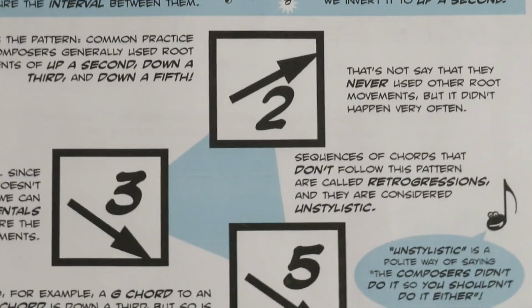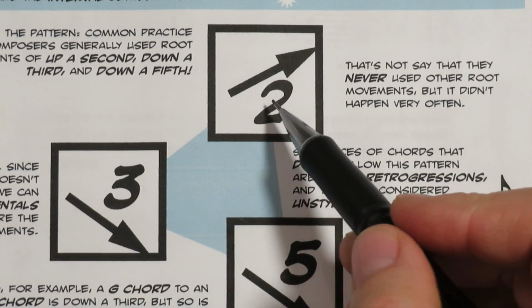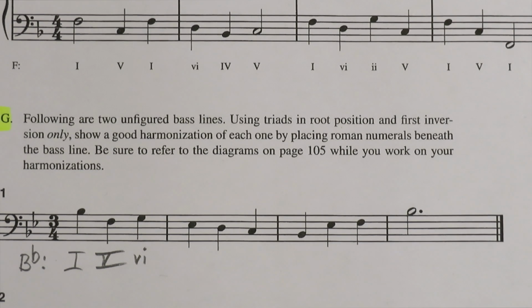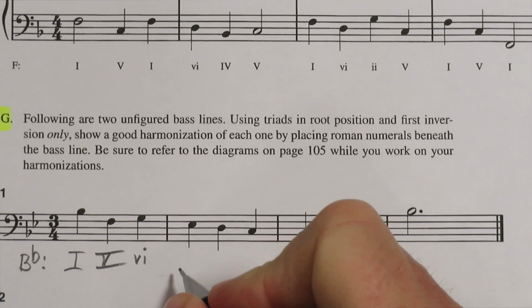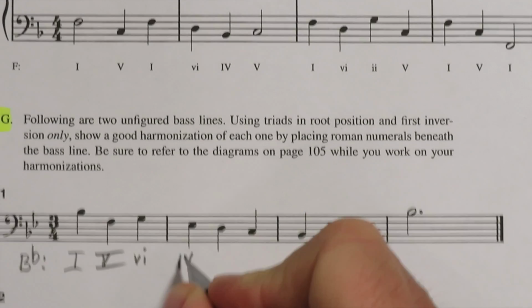Well, by Toby Rush standards, yes, it can move. You can move up a 2nd. Okay, so that's a possibility. I'm just going to go with the E flat major, so let's go with the 4 chord.